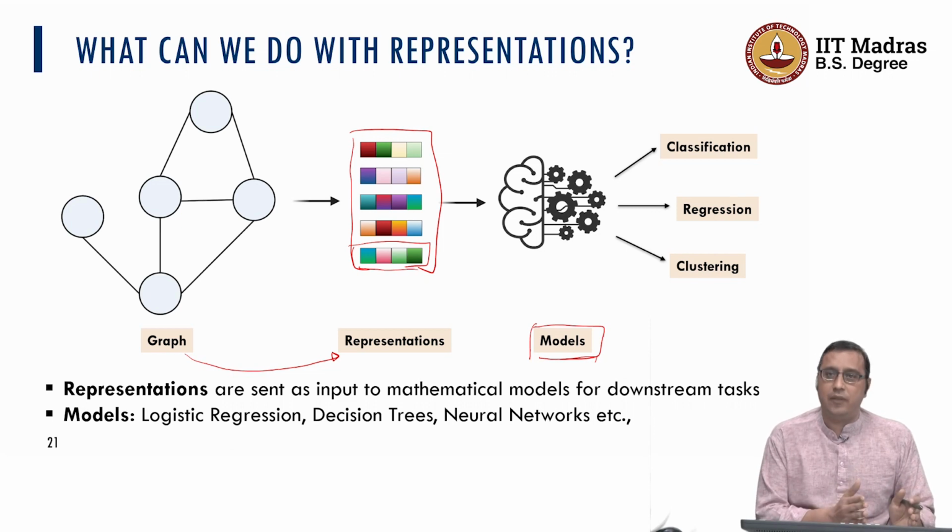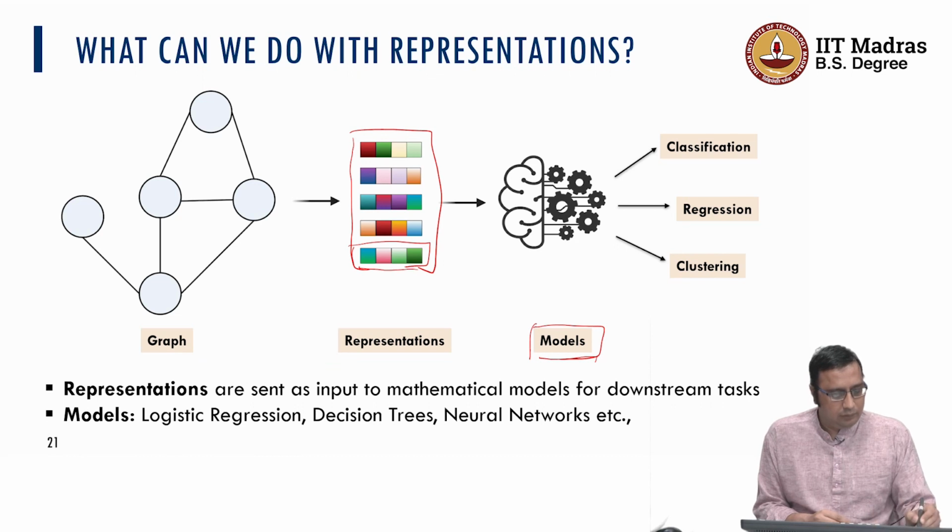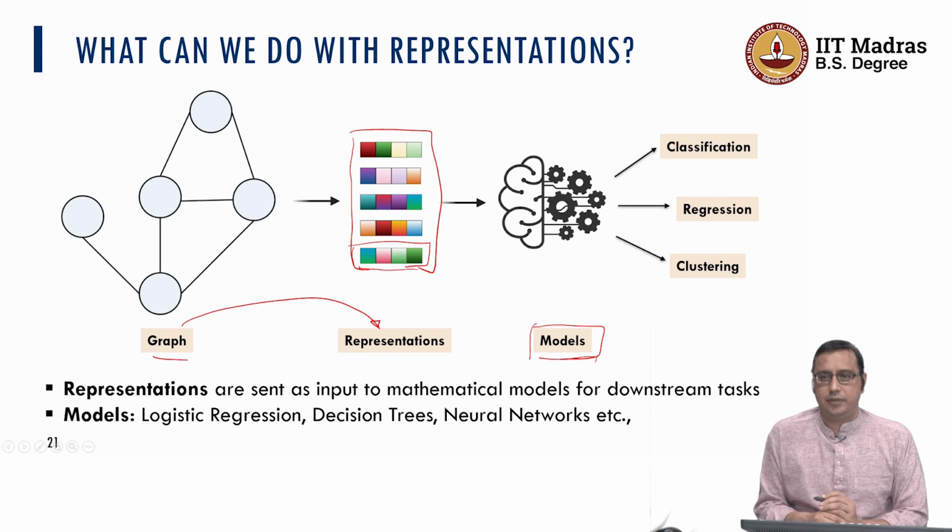First, learning the graph representation, and then using the existing model for performing downstream tasks like classification, regression, and clustering. So in the next couple of lectures we look at how to go from the graph to representations. Thank you.